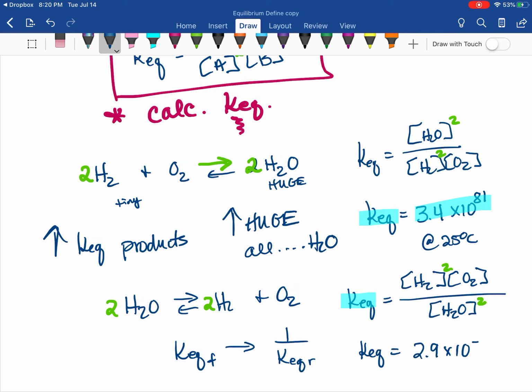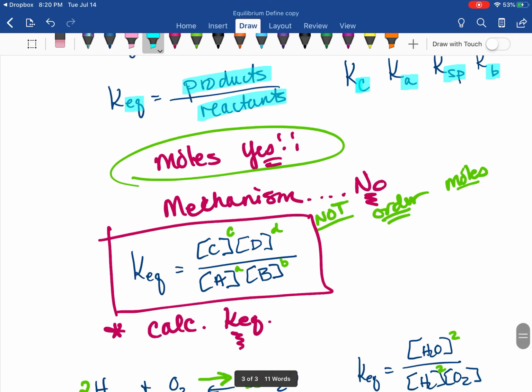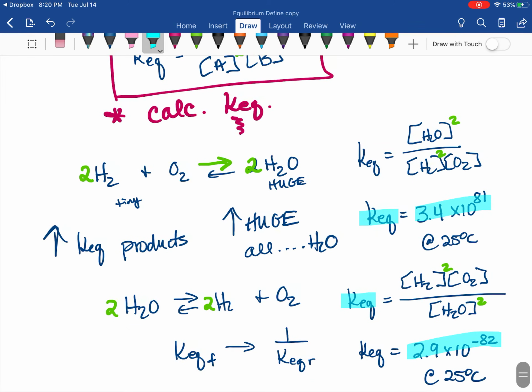So let's check out that number. I'm going to give it to you for free. Look at that, 2.9 times 10 to the negative 82 at room temperature. Now, doesn't this make sense to us? This is a phenomenally teeny number, meaning we have a ridiculously small amount of hydrogen and oxygen in equilibrium as products. So really, your KEQ, you can go forward and backward.